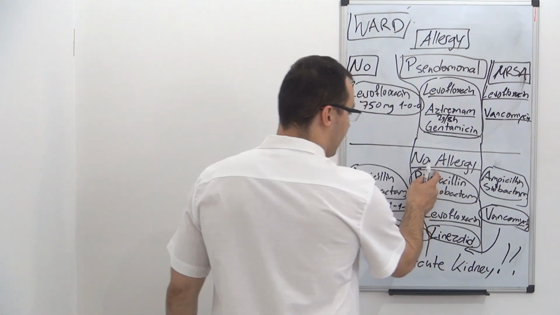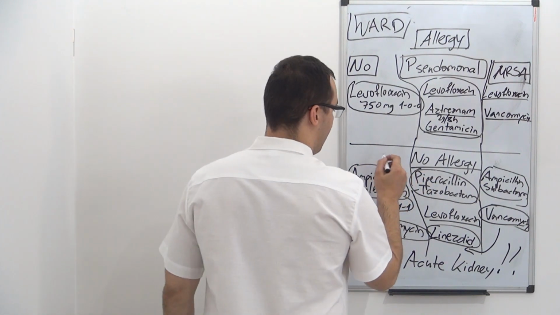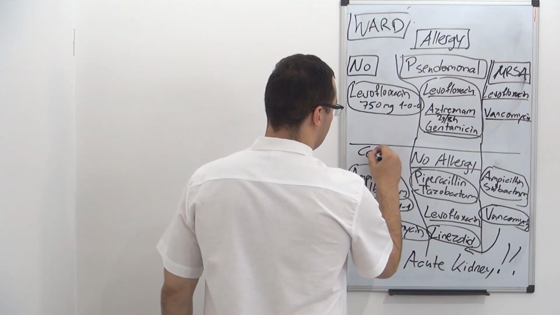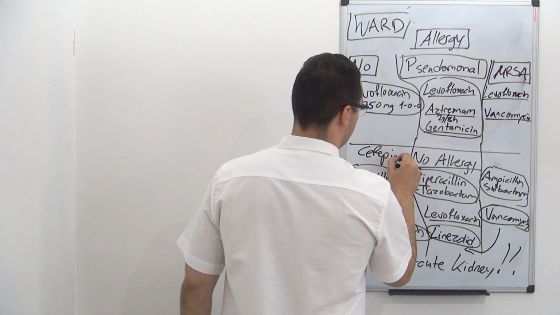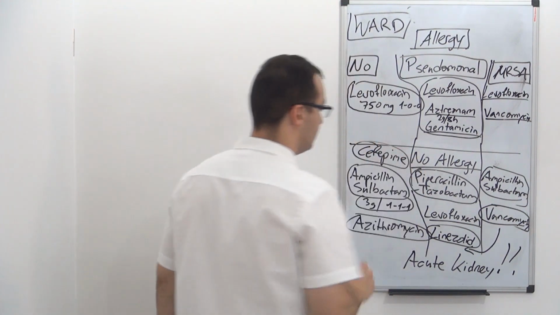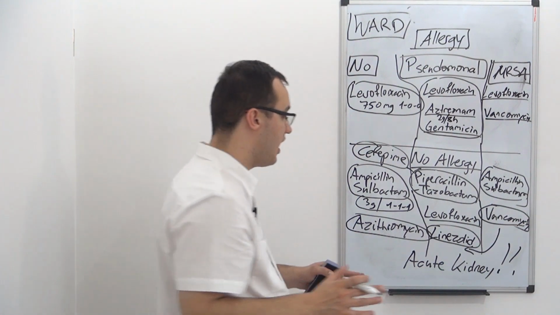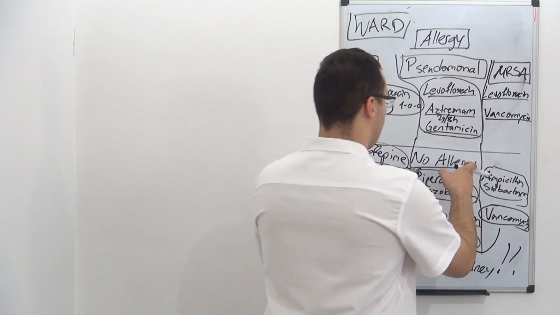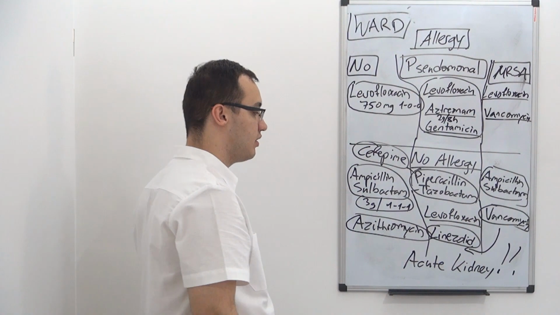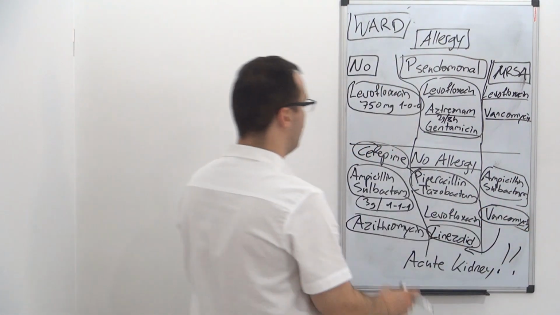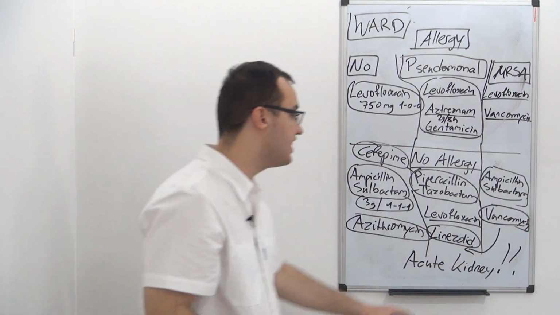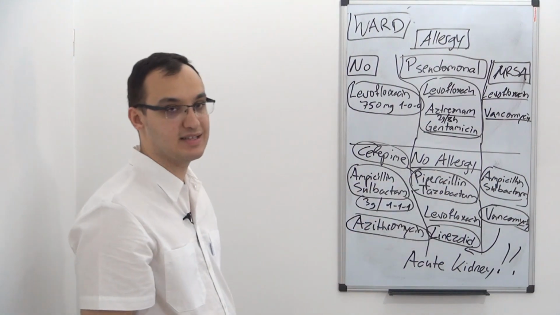Another drug instead is cefepime. I will write it here. Cefepime. It's a cephalosporin instead of that. So I have two choices here. I can give a linezolid with piperacillin tazobactam, or I can give a vancomycin with cefepime. But I cannot give vancomycin with piperacillin tazobactam.